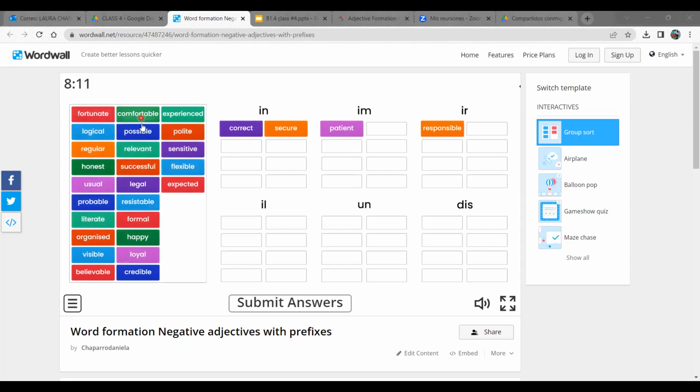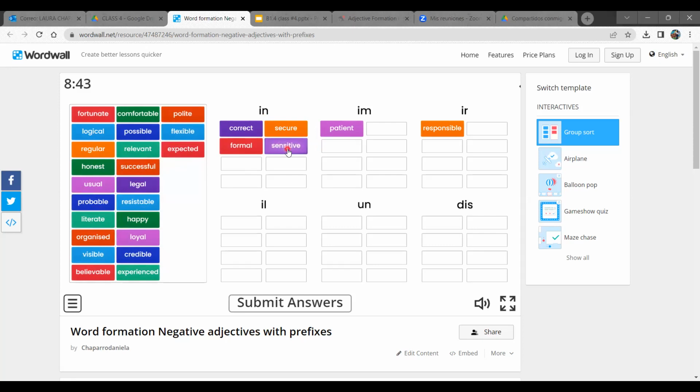You're going to give me some seconds while I find them because sometimes I miss them. So formal, informal. What else? Insensitive. Okay, yes, very good. So we have sensitive, insensitive.